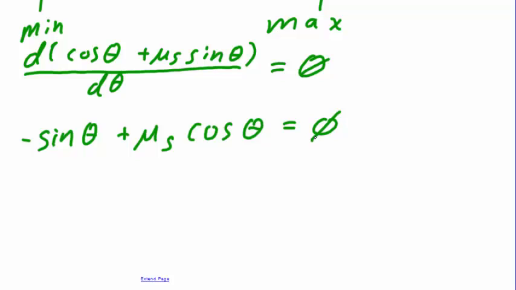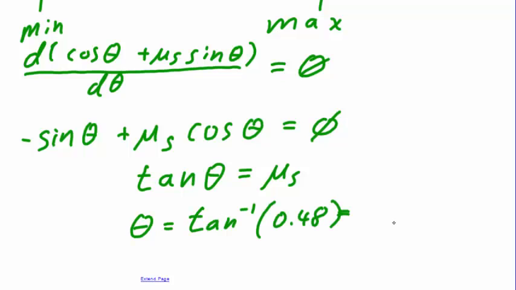As you'll notice, this formula solves very conveniently to tell us that the tangent of theta, sine over cosine, should be equal to μs. Therefore, theta is equal to the inverse tangent of μs, which gives us 25.64 degrees.